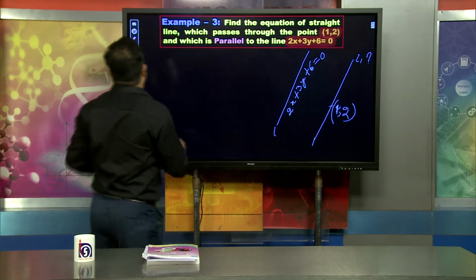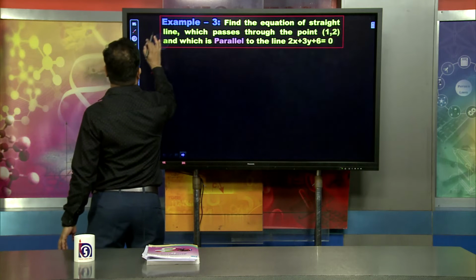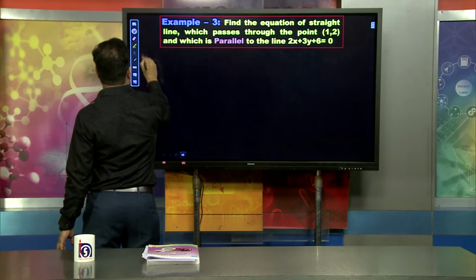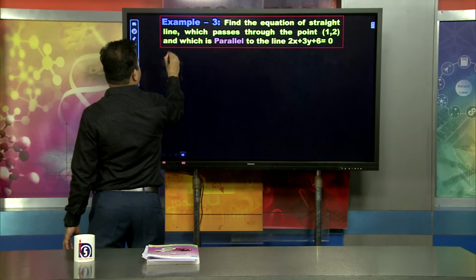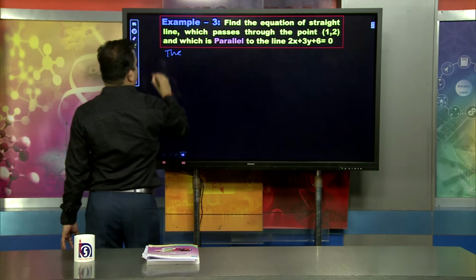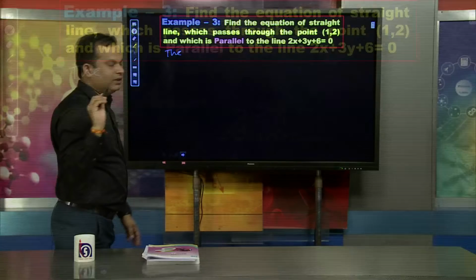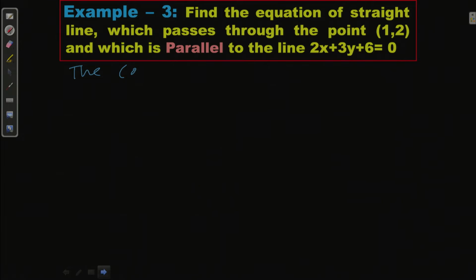Okay. Now, how do we find it out? You just observe. First, we have to check condition 1, that means the coefficients of x and y are the same and the constant is different.